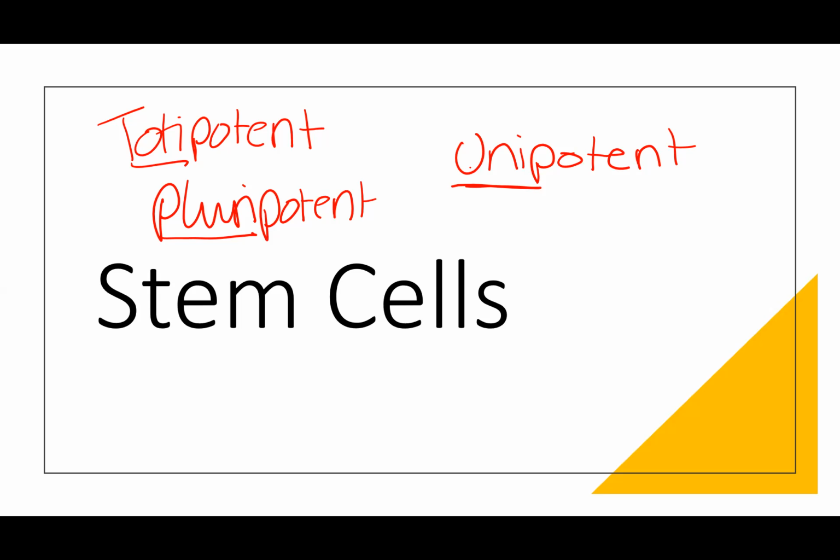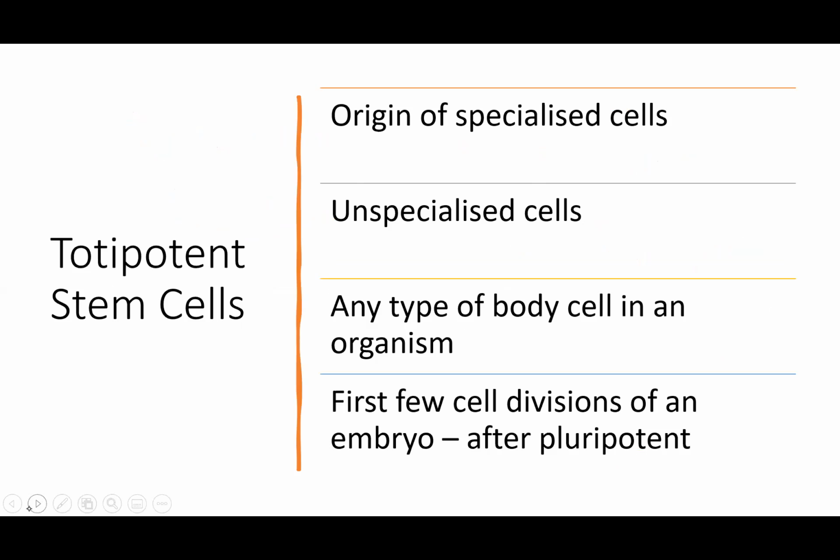For example, a unipotent stem cell, and you will also see multipotent. Unipotent generally becomes one type of specialized cell, whereas multipotent can become a few, and toti and pluri are the ones that can become the most. We'll talk about that in more detail, but I thought I'd cover that quickly now.